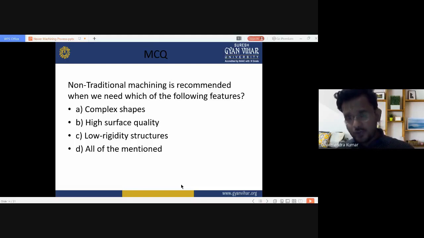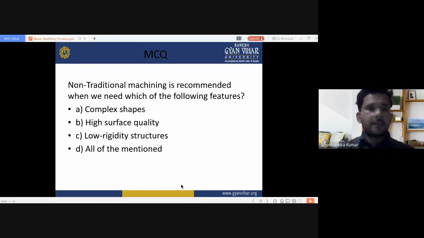We can produce low rigidity or high rigidity structures. We can machine harder material or softer material. By using non-conventional machining processes, we finally get higher surface quality, better surface finish, and a higher rate of production. These are some advantages of non-conventional machining.